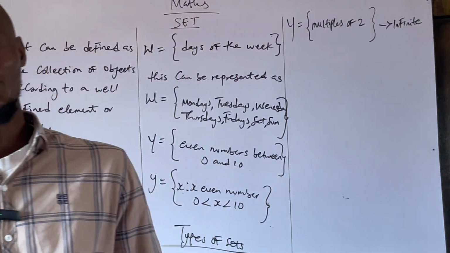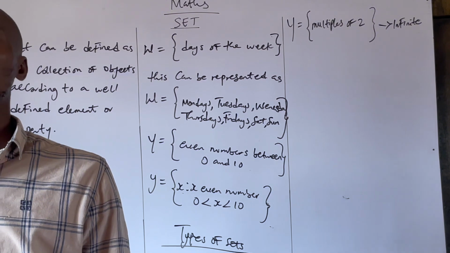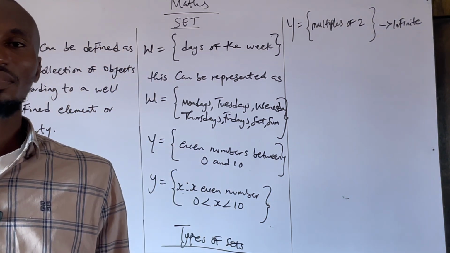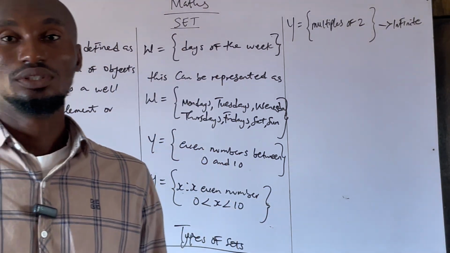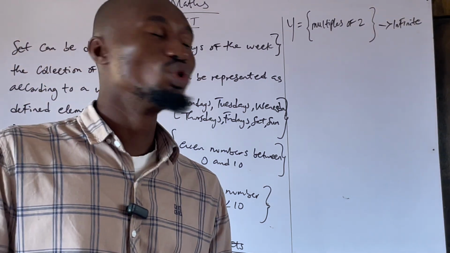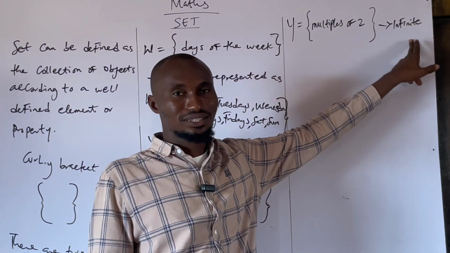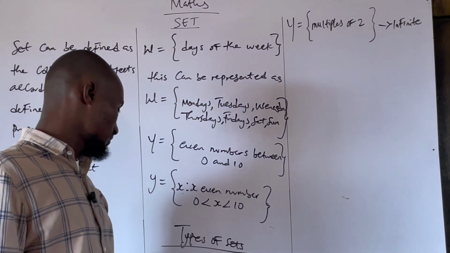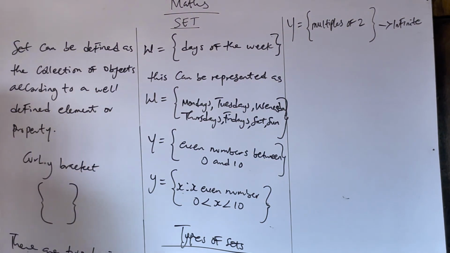But multiples of 2, let me start with the basis of numbers. We have 1 to 1,000 and beyond. We have trillions, millions, thousands. So you realize that multiples of 2 is infinite. But days of the week is definite. So that's why we call it finite. You do understand?